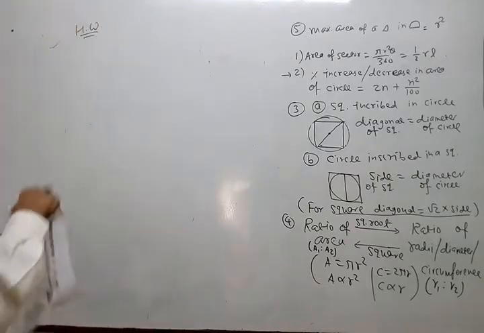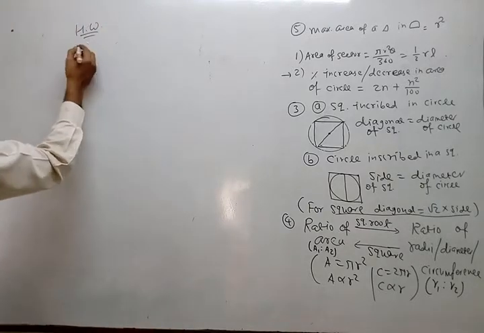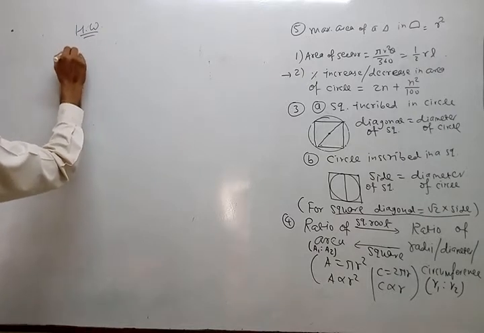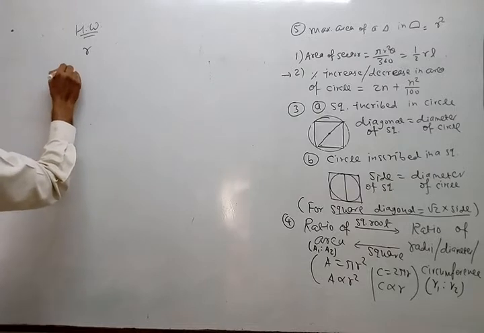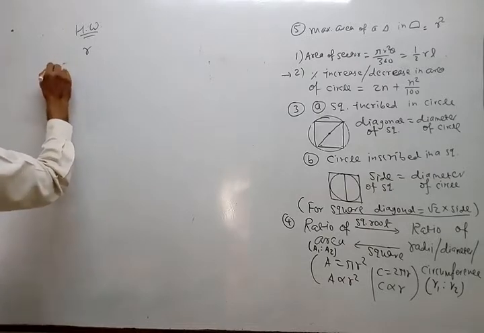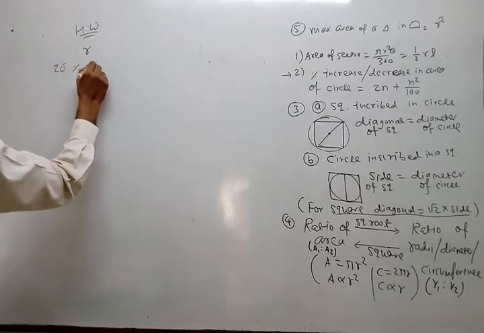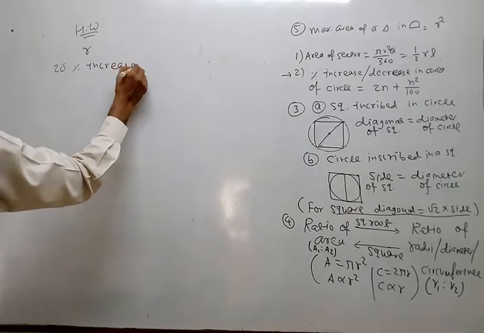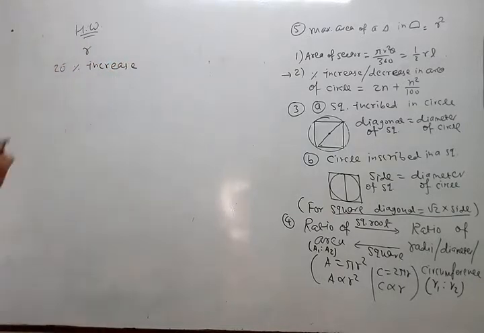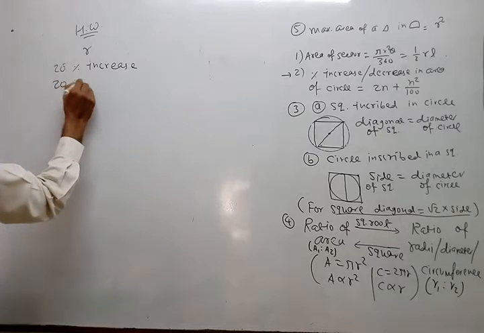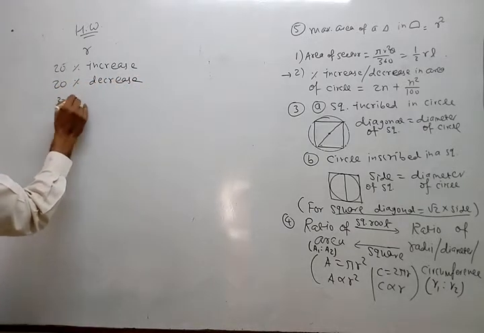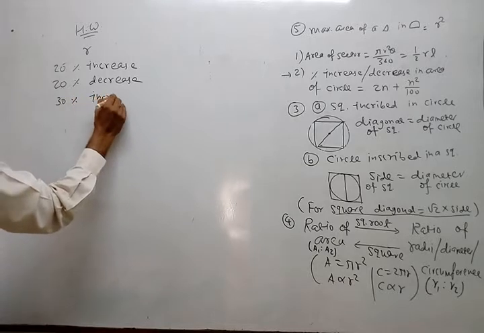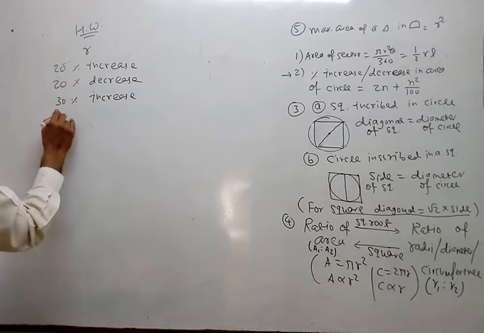Now, the sums I am giving you: 10% we already went through, then 20% increase, 20% decrease, then 30% increase, 30% decrease.